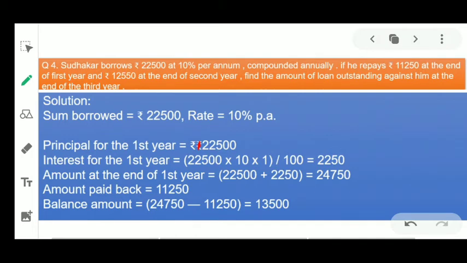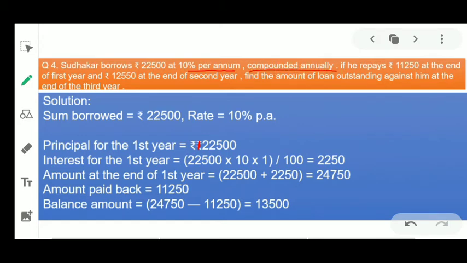Now we'll do some questions of your exercise. Here question number 4. Sudhakar borrows 22,500 at 10% per annum compounded annually.